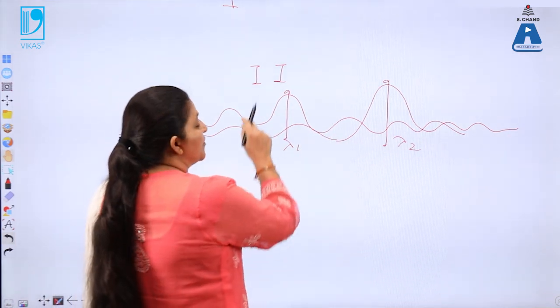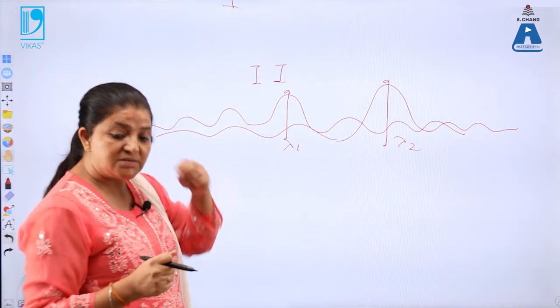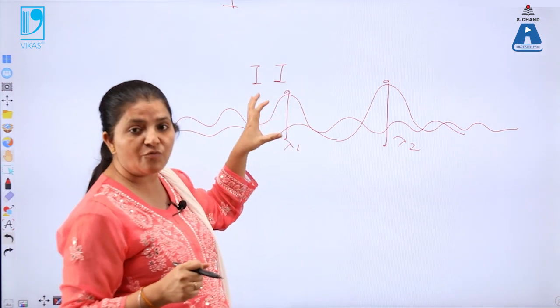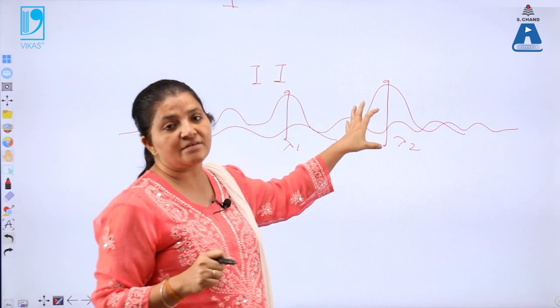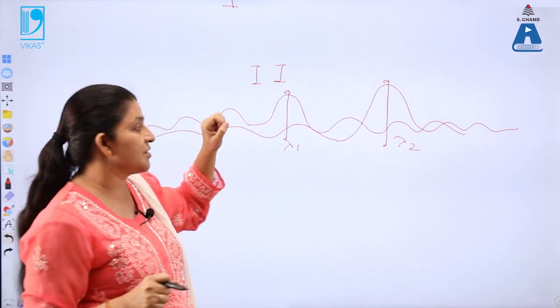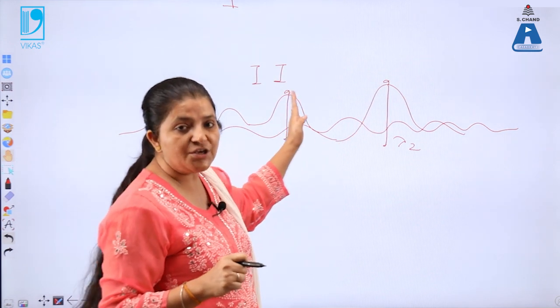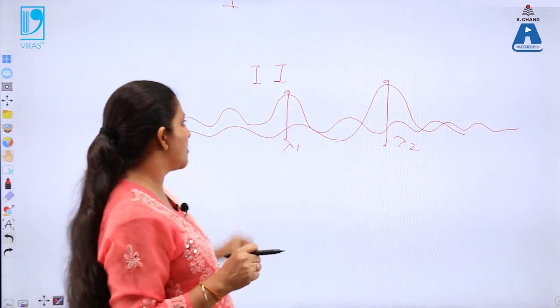Here we are able to distinguish these two objects as separate objects, because the central maxima of one object is quite far away from the central maxima of the other. That means we are able to distinguish these two objects separately.